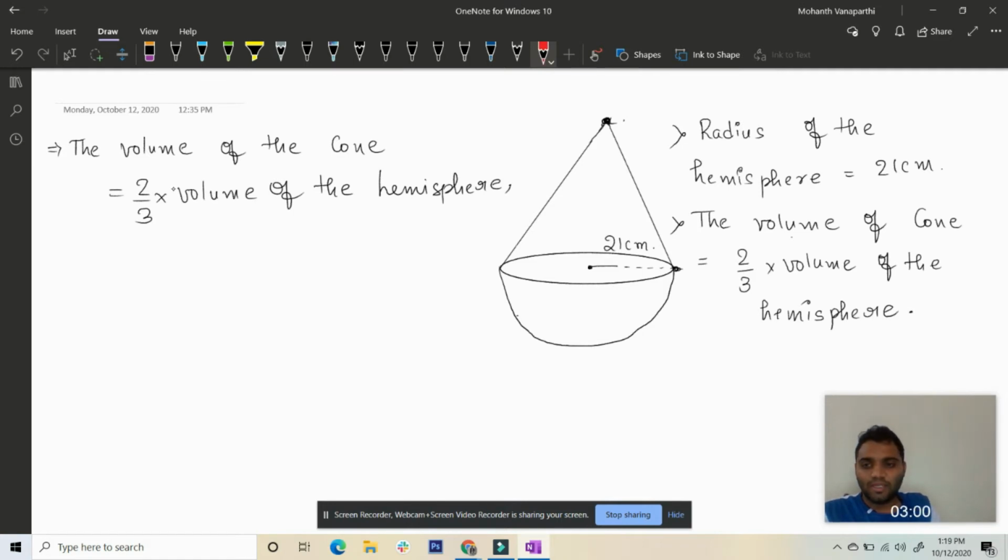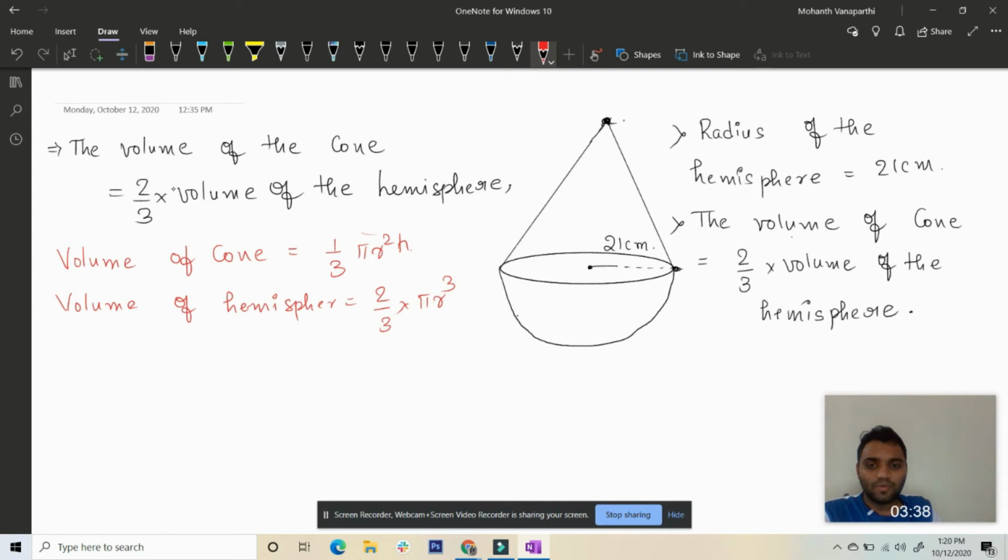Let me write the formulas. Volume of cone is equal to 1 by 3 pi r square h, and also volume of hemisphere is equal to 2 by 3 of pi r cube.